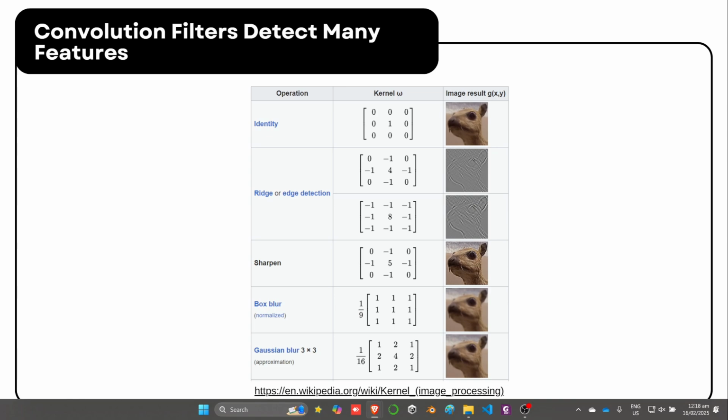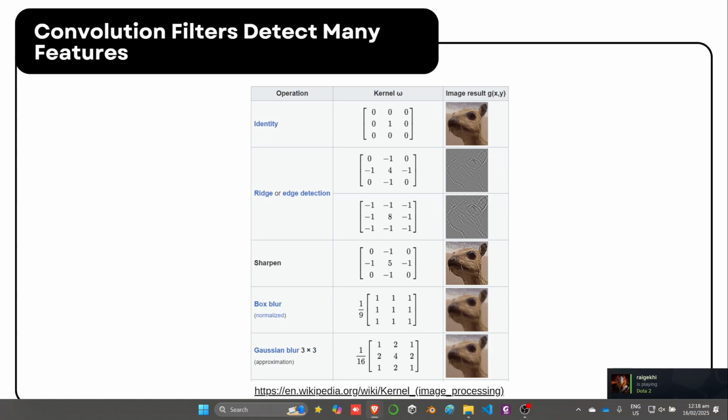And these are some examples of other feature detectors that can be hard coded here. However, just so you know, in CNNs, our kernels aren't hard coded. They're initialized randomly and set during the training process.